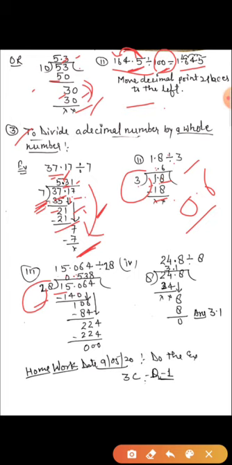Now we have a digit. Which one? 0. So we have 3 digits, 150. Then check whether 150 is divisible by 28. Yes, 150 is divisible by 28. When you multiply 28 by 5, we get 140. Then 140 subtracted from 150 gives 10.